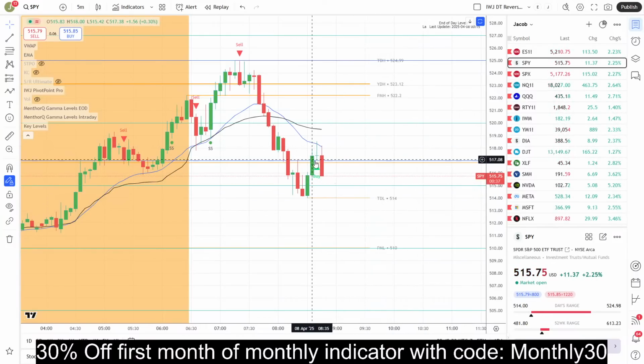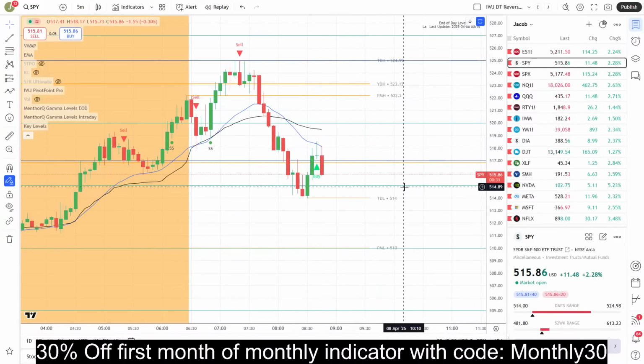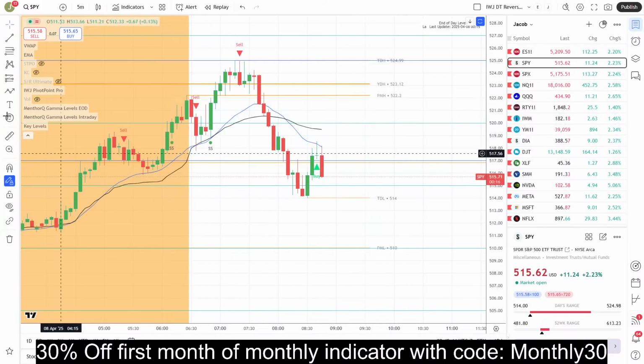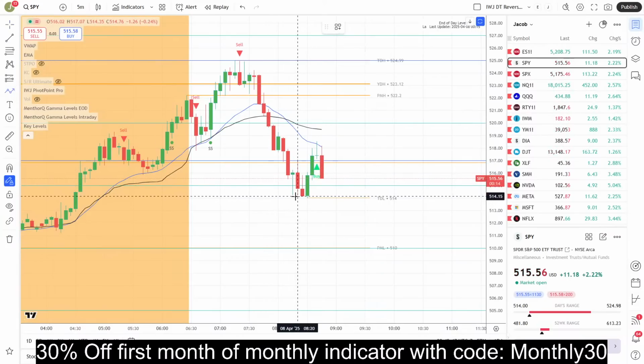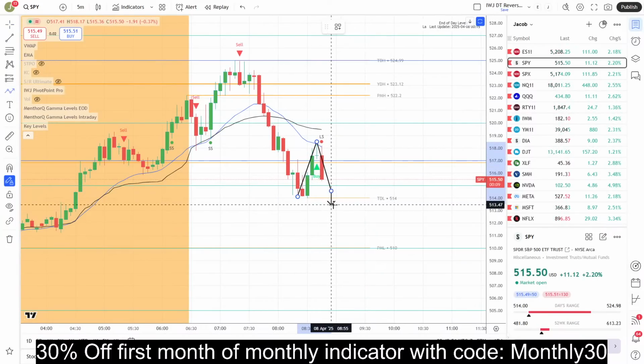This candle here was tough. They needed to close this one better to continue. But what you will likely get on the 5 minute, I don't have the MACD on this chart, but you'll likely get a positive divergence if they make a low here.